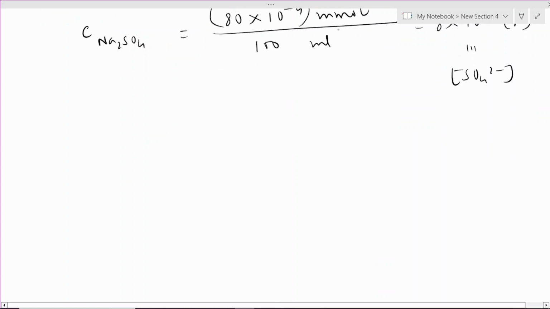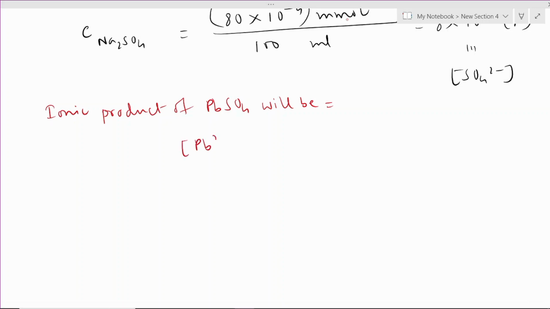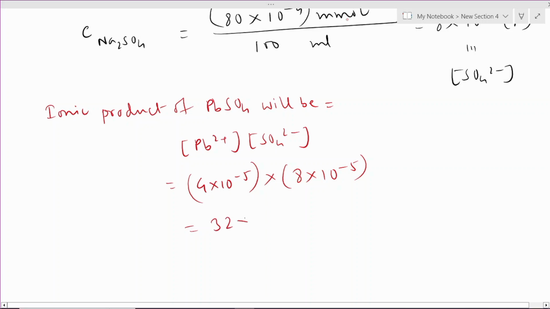So the ionic product of lead sulfate will be concentration of Pb2+ into concentration of sulfate, that is 4 into 10 to the power minus 5 into 8 into 10 to the power minus 5, that is 32 into 10 to the power minus 10.